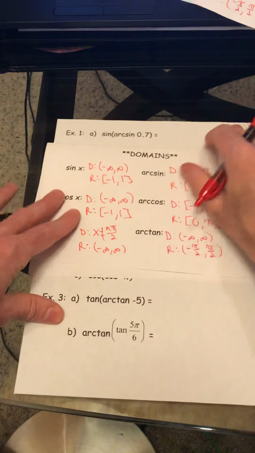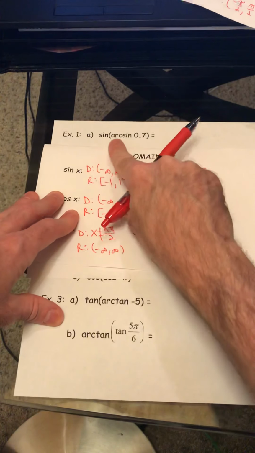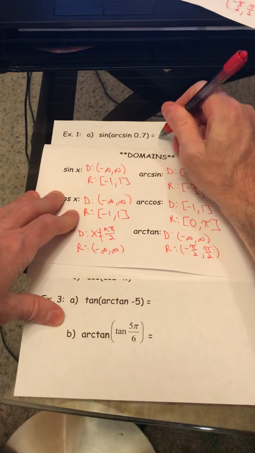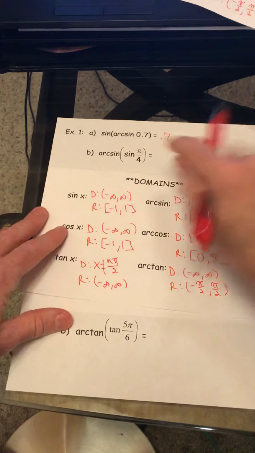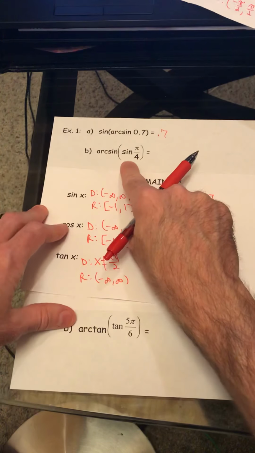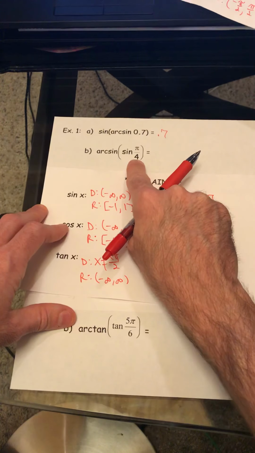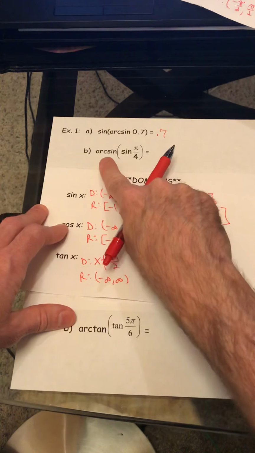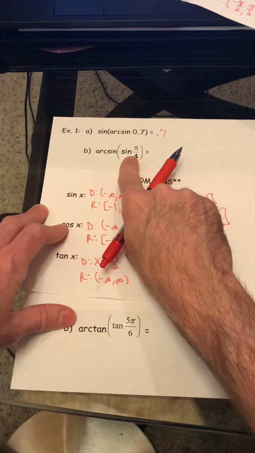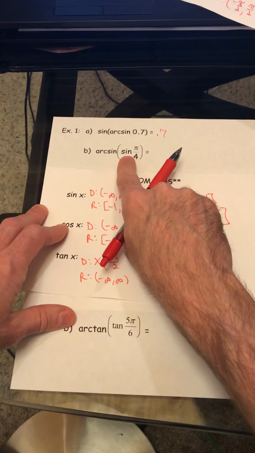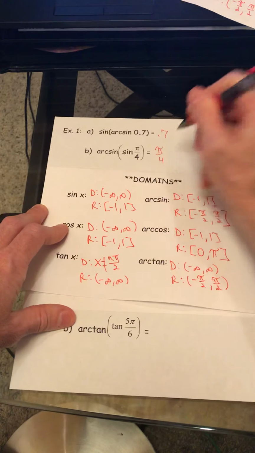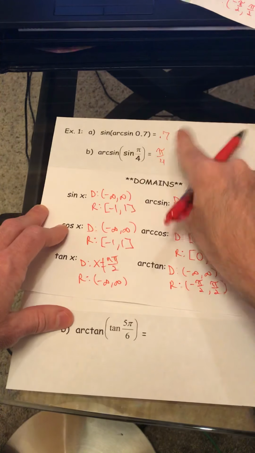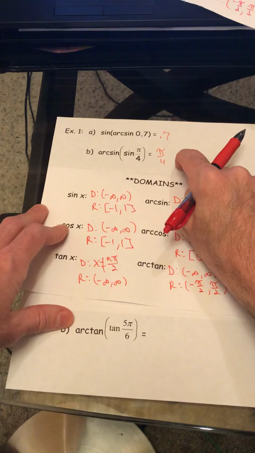Sine of arcsine of 0.7, again, those cancel out to 0.7. Arcsine of sine of π/4. Well, again, when you plug the original into the inverse, it's just π/4. A lot of the time it works out this nicely.